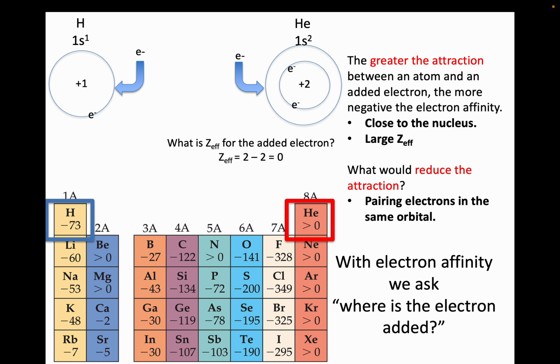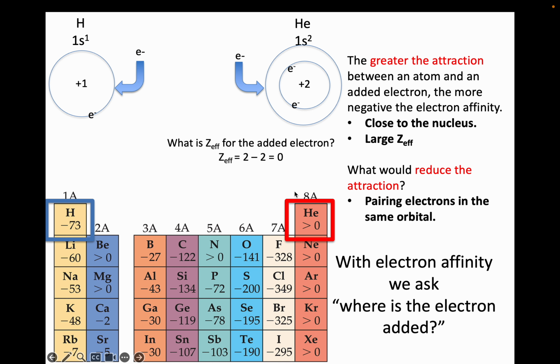Similarly, what would be the effective nuclear charge if I add that? If I've added an electron here to the 2s, its effective nuclear charge would be 2 protons minus 2 shielding electrons. The effective nuclear charge would be 0. There is no reason to add that electron to the 2s. It has no net attraction there.